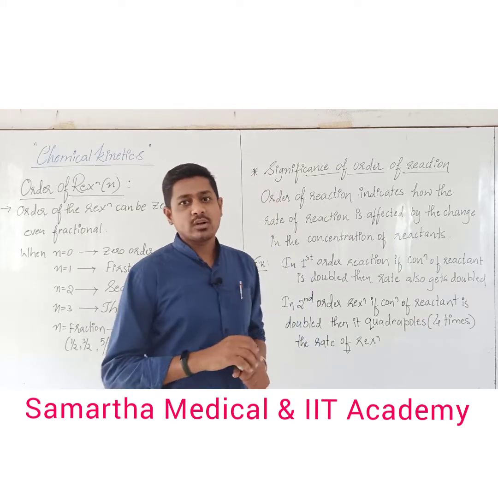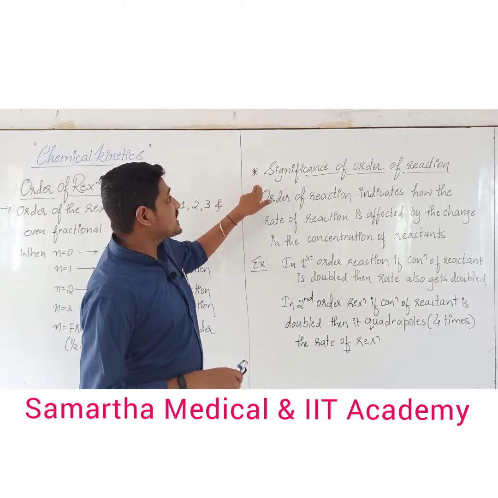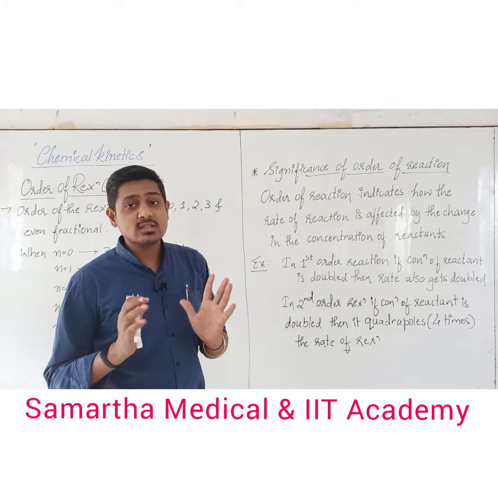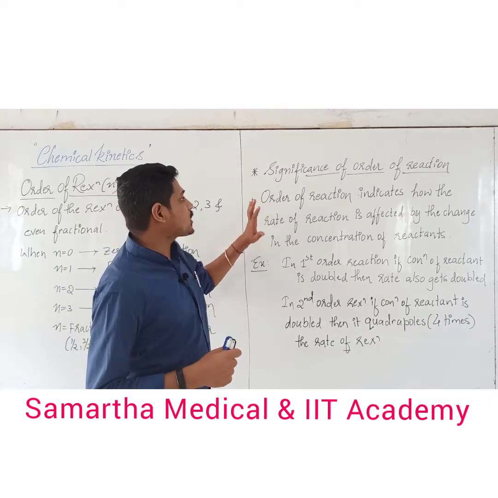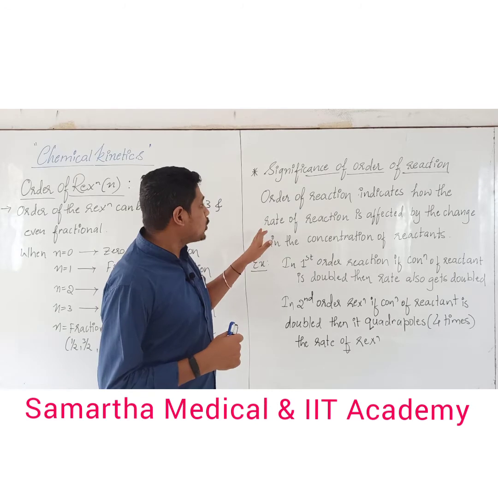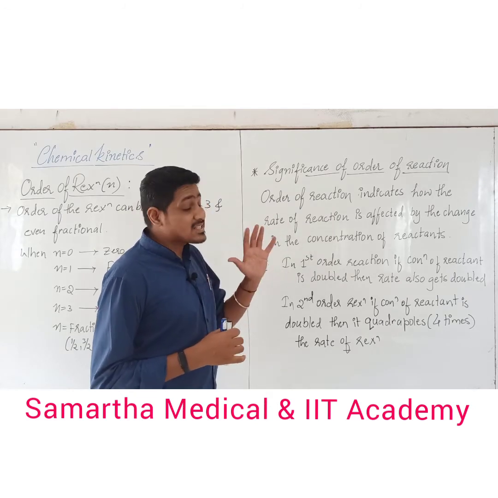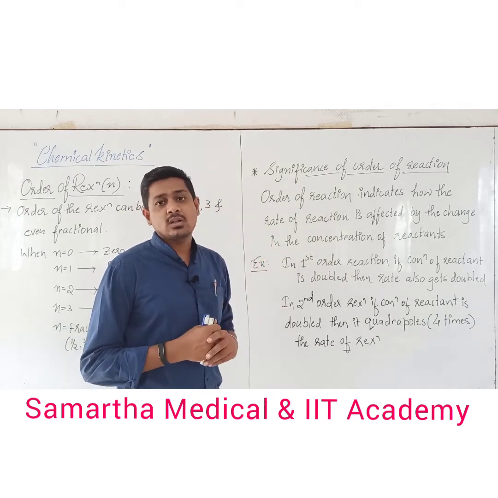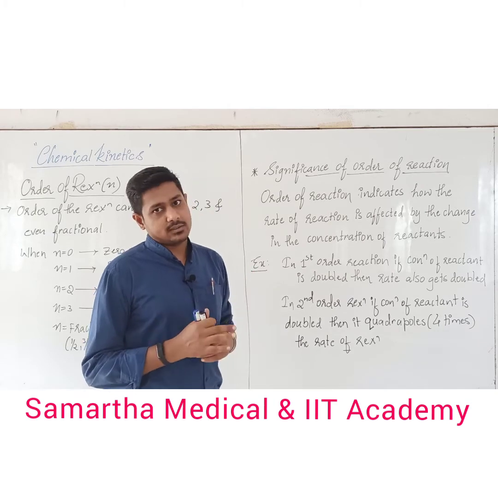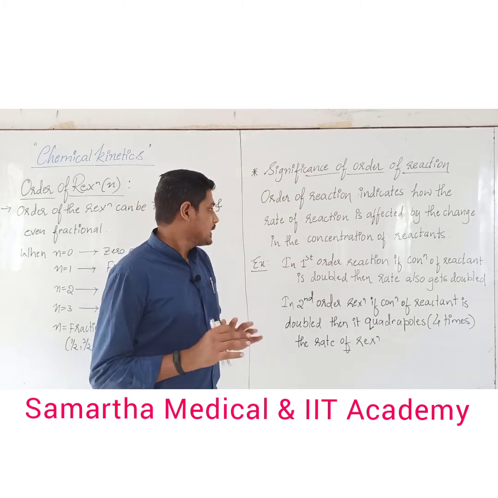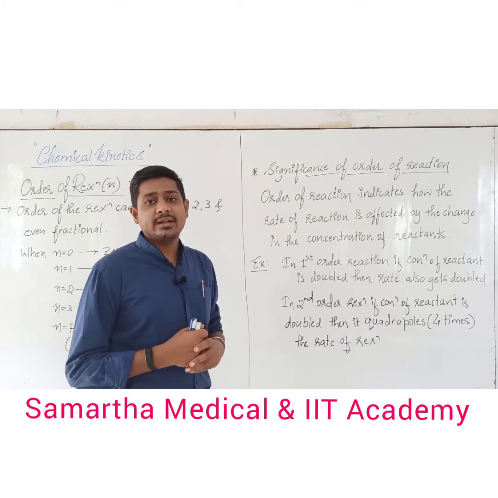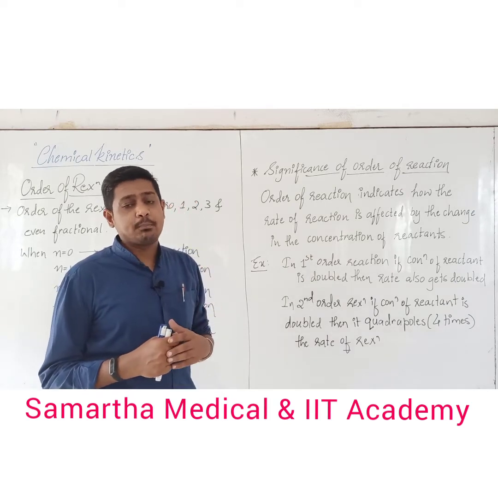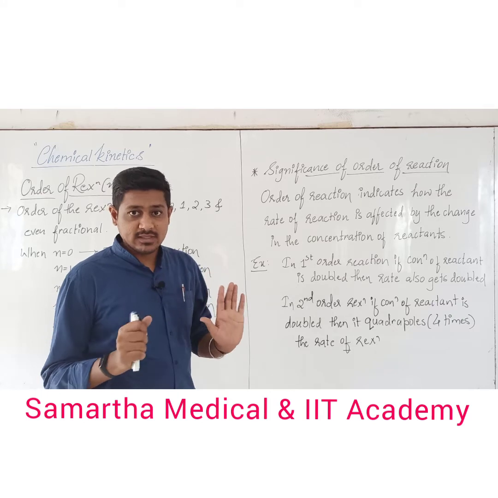Now the most important thing is, what is the significance of order of reaction? This is a very important fact. Order of a reaction indicates how the rate of a reaction is affected by change in the concentration of the reactant. It means, in case of a first order reaction, we know that the rate of the reaction depends on the concentration of the reactant, isn't it?